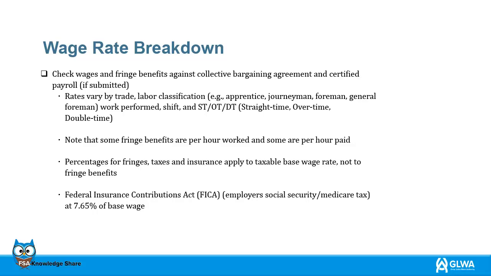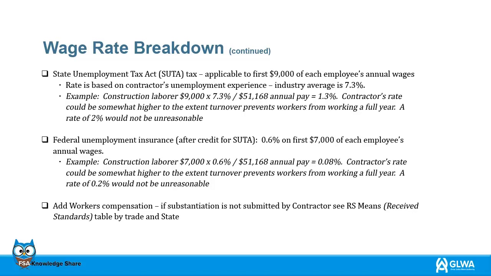Federal Insurance Contributions Act, FICA, employers' Social Security and Medicare tax, at 7.65% of base wage. State Unemployment Tax Act, SUTA, tax, applicable to first $9,000 of each employee's annual wages. Rate is based on contractor's unemployment experience.